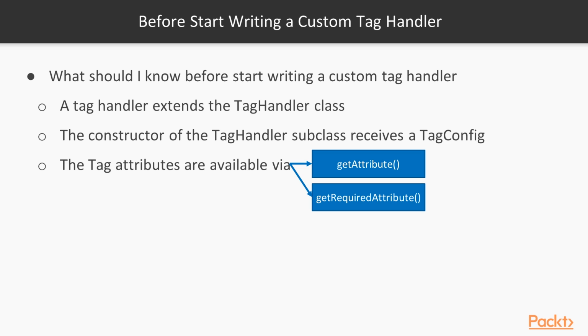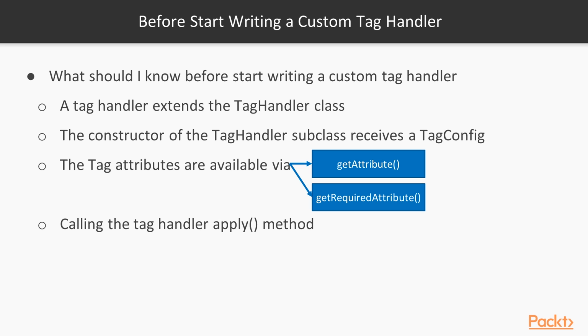The tag attributes are available via the getAttribute and the getRequiredAttribute methods. The getRequiredAttribute method invokes the getAttribute method and checks if the returned result is null or not. If it is null, then it simply throws a TagException. Otherwise, it returns the attribute, which is an instance of TagAttribute. This represents an XML attribute on an XML element in a facelet file.